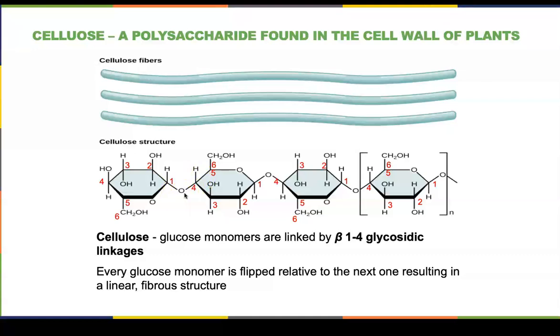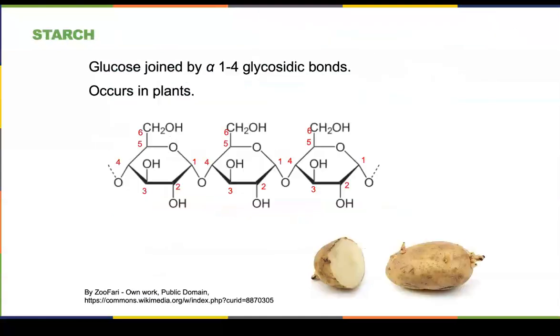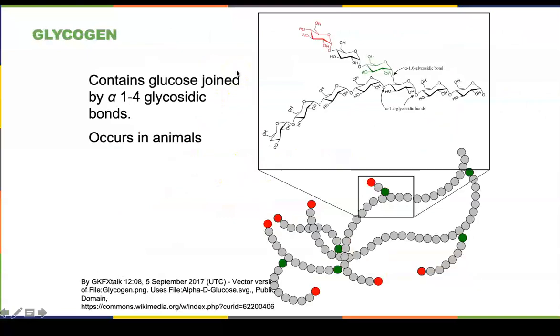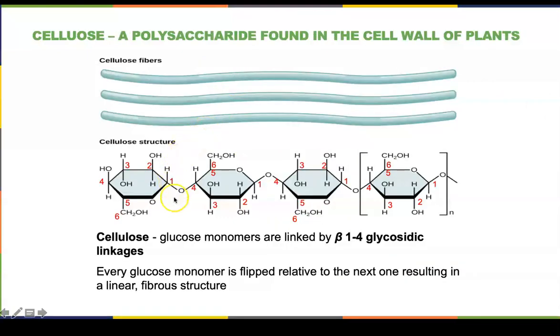However, because it's a different orientation of the glucose monomers, we are going to call this the beta-1,4 glycosidic linkage instead of the alpha-1,4 linkage, as we saw in starch. So in starch, it was alpha-1,4. In cellulose, it is now beta-1,4.